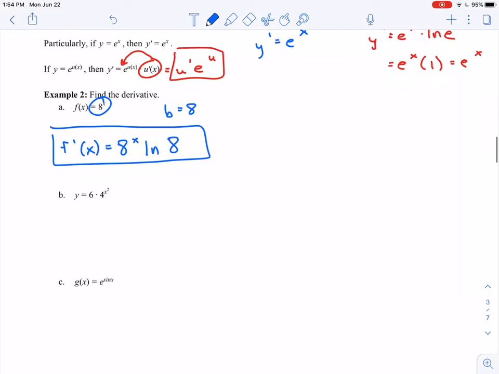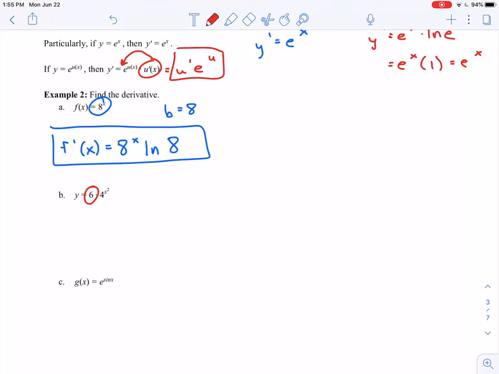Part B, I have y equals 6 times 4 to the x squared power. So this one's a little bit tricky for a couple of reasons. First, you may notice this constant multiple of a 6. And this part right here is actually not the most difficult part.